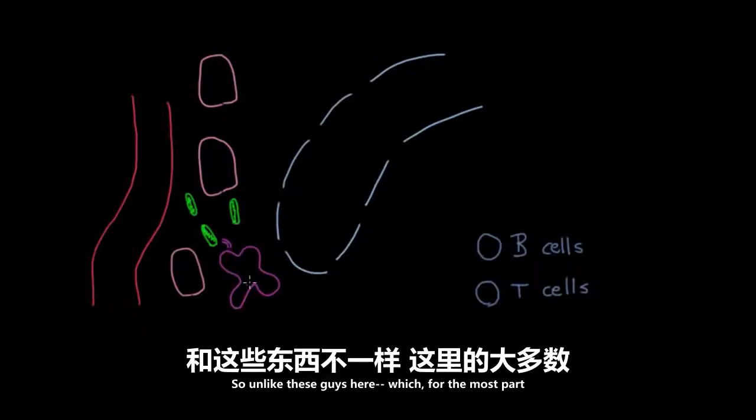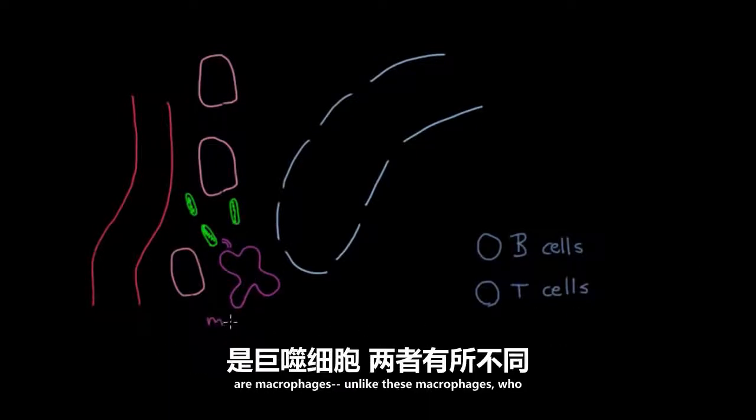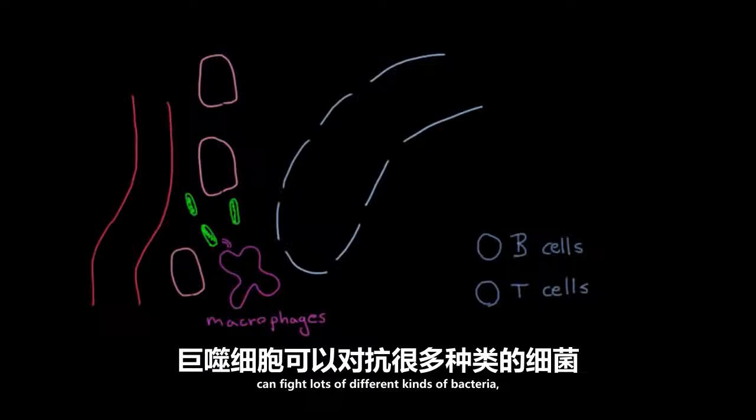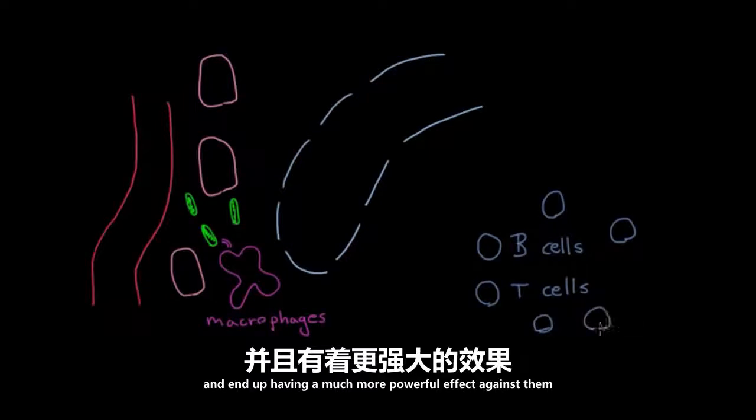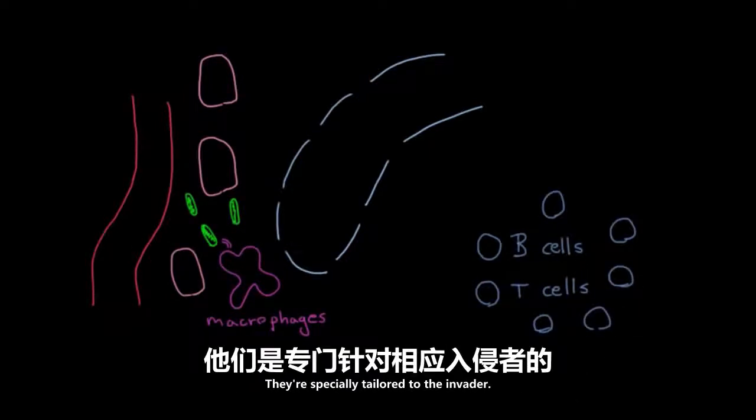Unlike these macrophages, which can fight lots of different kinds of bacteria, these B cells and T cells will react to the specific bacteria and end up having a much more powerful effect against them because of that. They're specially tailored to the invader.